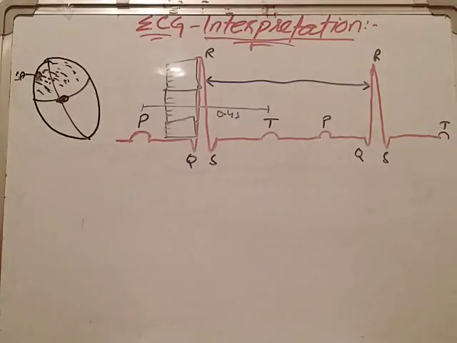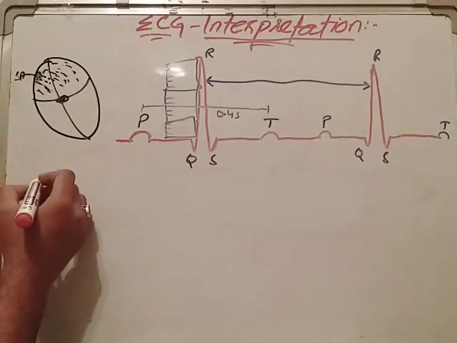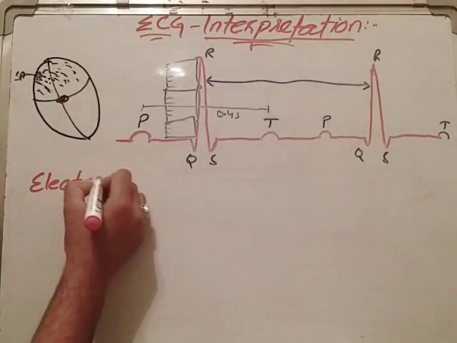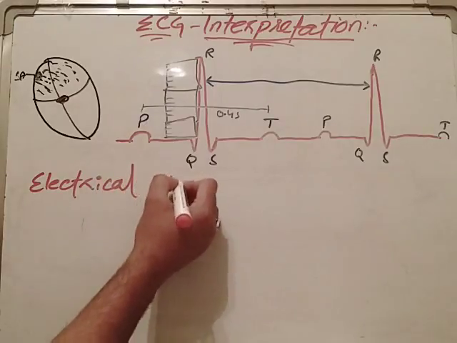According to the axis or orientation of the heart, we have three categories by electrical representation: electrical axis. If the person is normosthenic, normal, it is the normal axis.